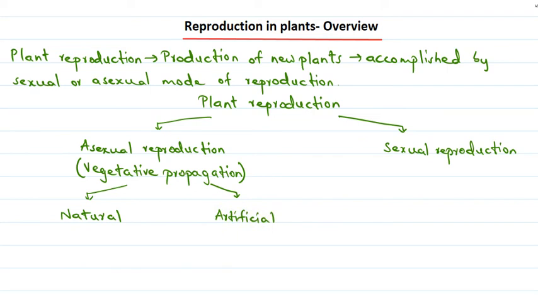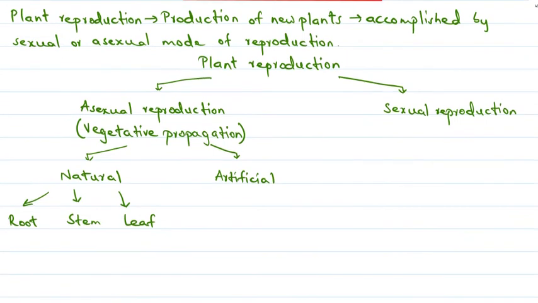Okay, so now if we consider natural method of asexual reproduction in plants, the natural methods can include reproduction by roots, by stem and by leaf. Okay, now this asexual natural method of reproduction in plant that is taking place by stem can again be of three forms.